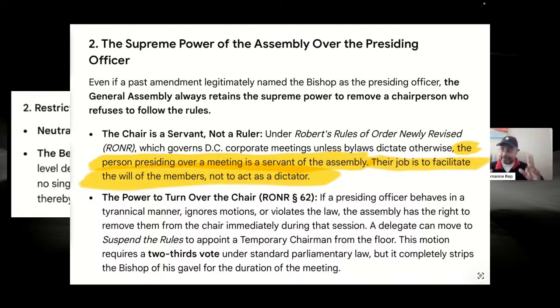Now, here's the thing. Many people say, wait, you just said the CEO and the bishop are two different things. And this is true. So why are you talking about what the bishop said during a service inside of the General Assembly where he's not the bishop?